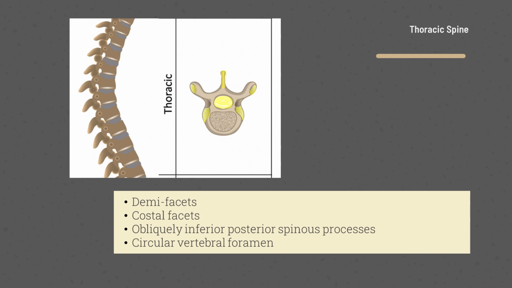We then have these costal facets on the transverse processes, and these articulate with the shaft of each rib. So there's this very intricate process connecting the vertebrae to all the ribs. Next, we have these characteristic spinous processes, which are inferiorly, posteriorly, and obliquely orientated. And finally, we have our vertebral foramen, which is typically circular.